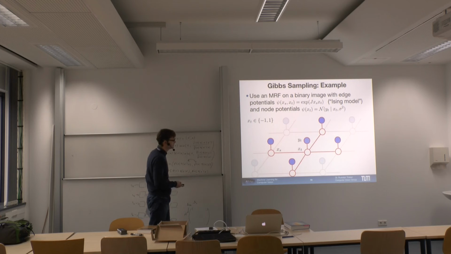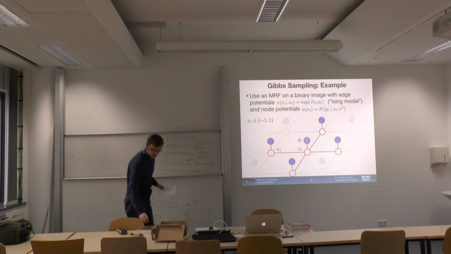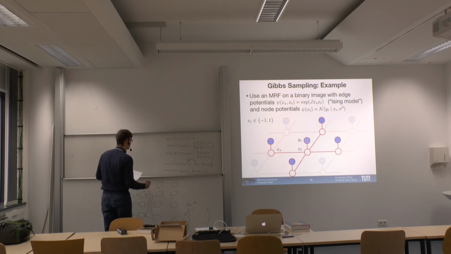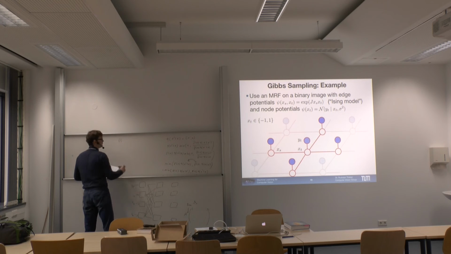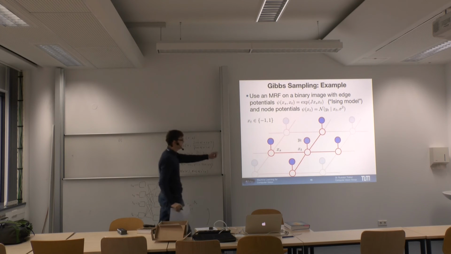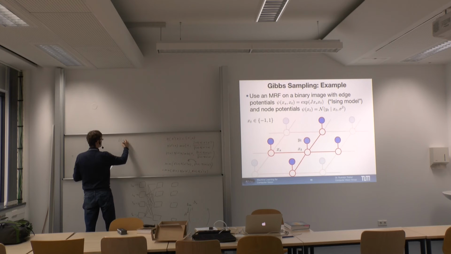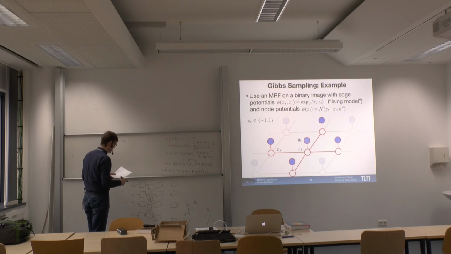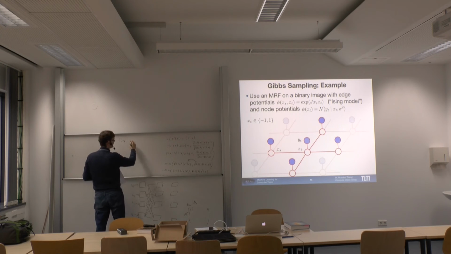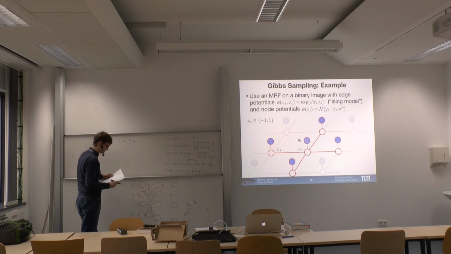And now what we can do is compute the probability for every node xs or xt. We can say what's the probability of xt given all the others, right? And we write this as x minus t.